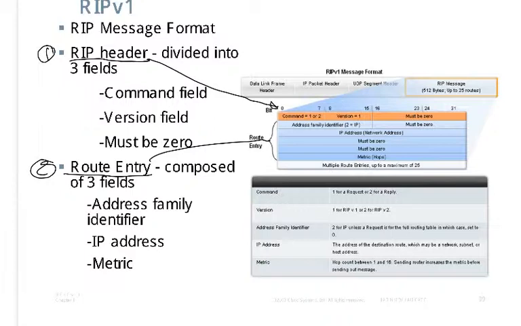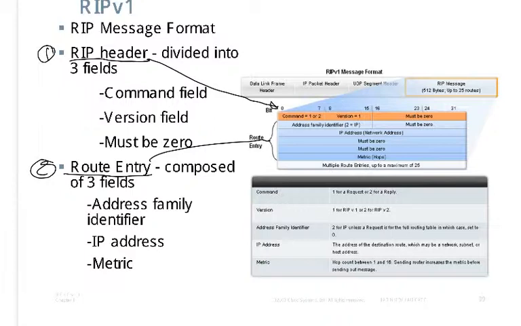If you support RIP version 2 and you receive a route update for RIP version 1, will you be able to recognize what that is? Yes, because you are backward compatible. But the other way around is not possible. If you support only RIP version 1 and you receive a route update for RIP version 2, you're puzzled. You don't understand what that means. Most of the time, the more recent versions of any protocol are backward compatible.